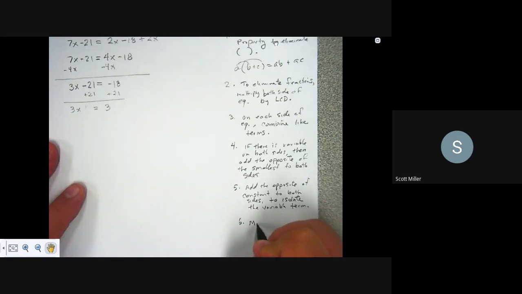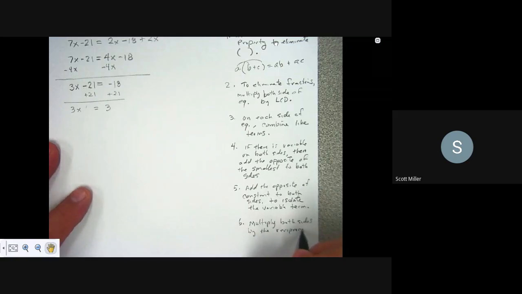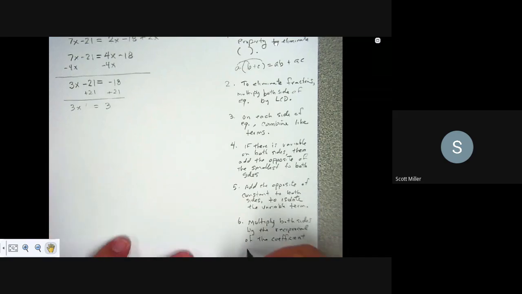If you look at the problem this way, we can simply multiply both sides by the reciprocal of the coefficient of the variable term.